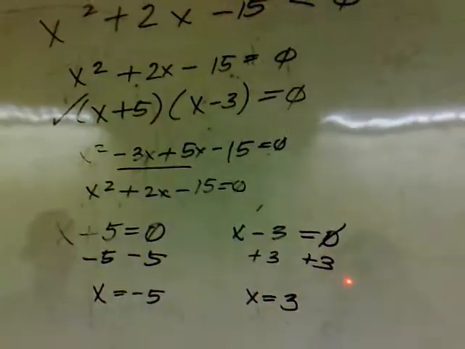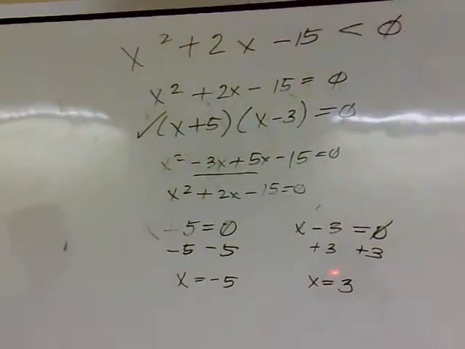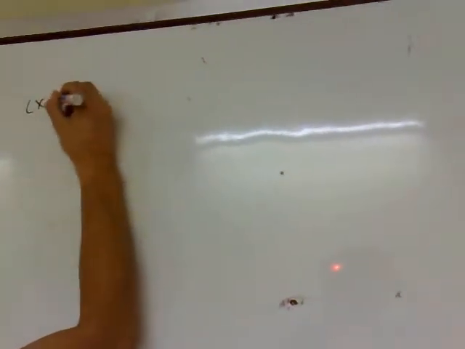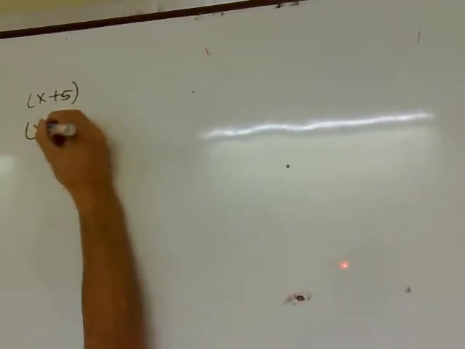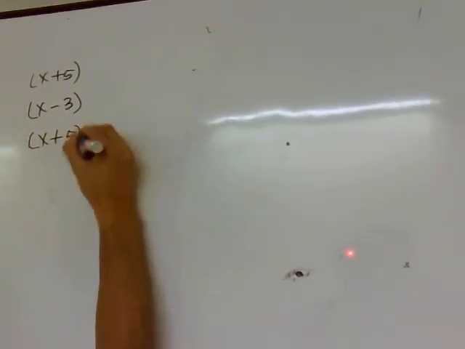Now before I graph these two solutions, I have to test for negative and positive. I'm going to write x plus 5 and x minus 3, then I will write both.